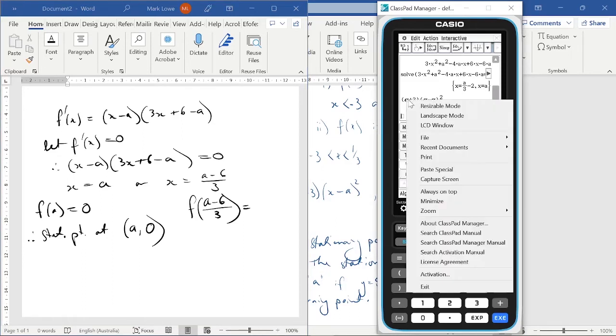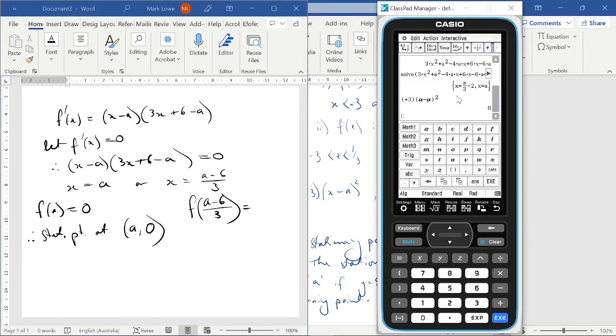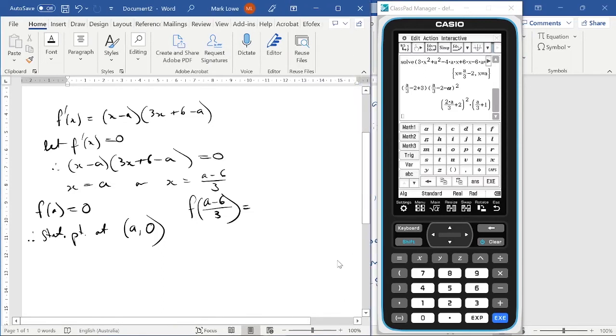So we'll replace that one. So replacing our x with the other value, and so we get our other y value.